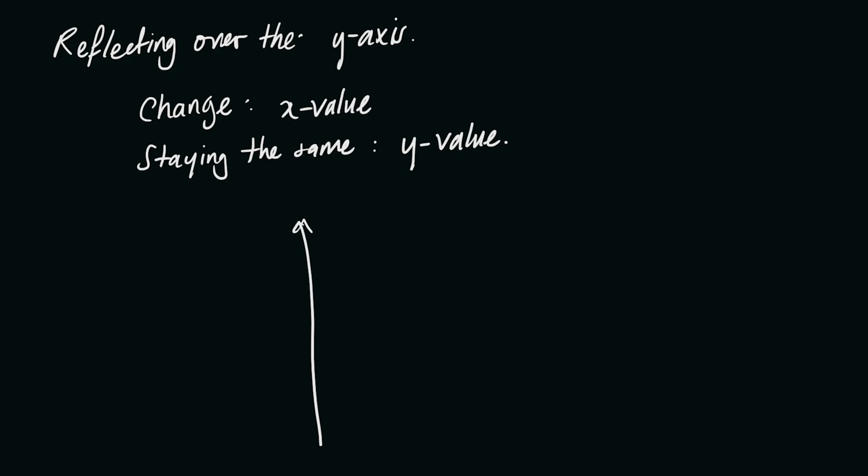So let's say you have our makeshift box again, right? Now, our box is right there. When we're reflecting it over the y-axis, think about the y-axis as the mirror. It's like you're going to the mirror and looking at yourself.